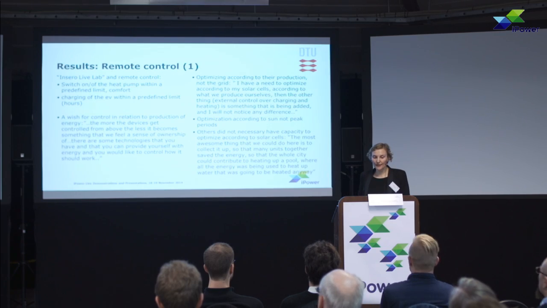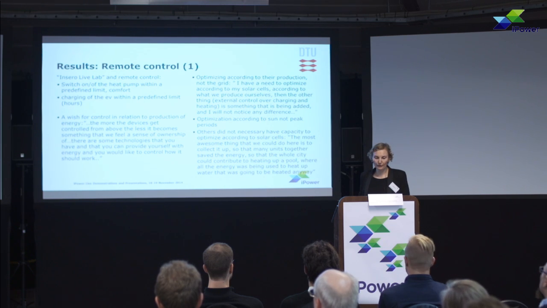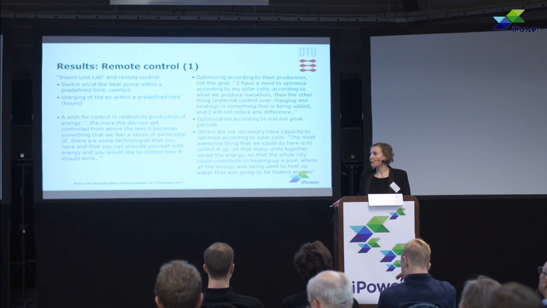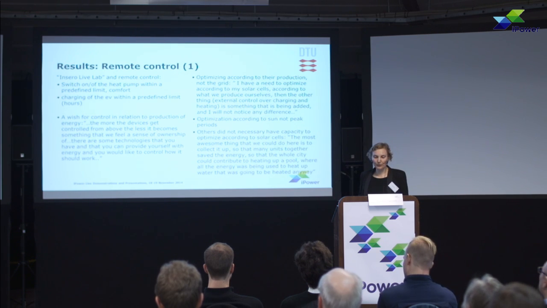Other families stated the importance of optimizing according to their production rather than the state of the grid. If they could do that, then they were very fine with it.